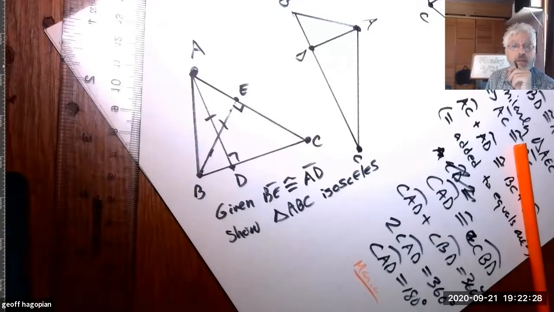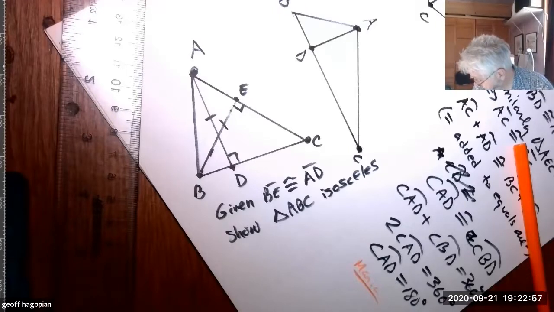Then by the blank of altitude, definition, right? Definition of altitude, the two angles, which two angles?